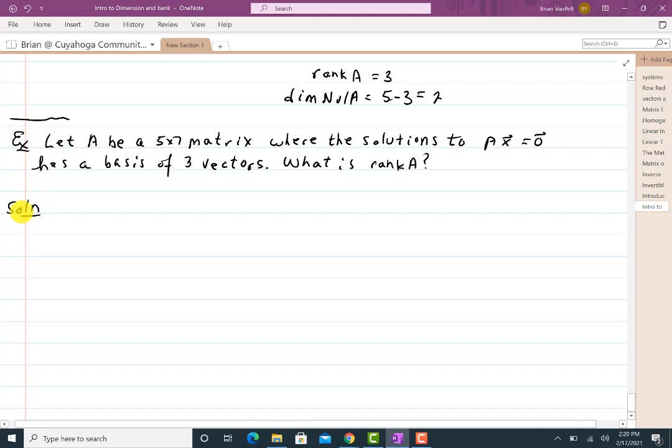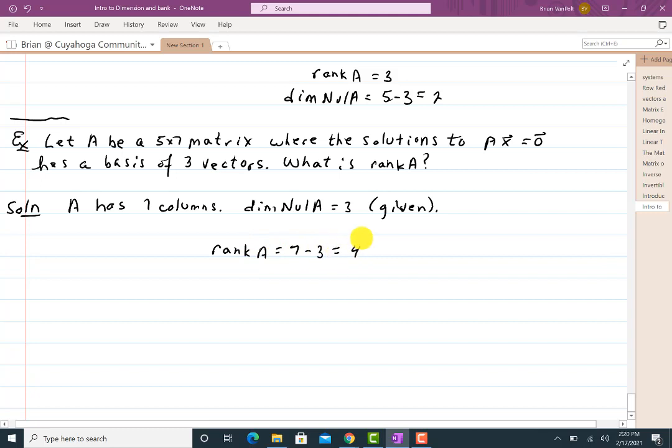Well, this isn't so bad. A has 7 columns, and dim null A equals 3. That's given in the problem. So that means that rank of A equals 7 minus 3, which equals 4.